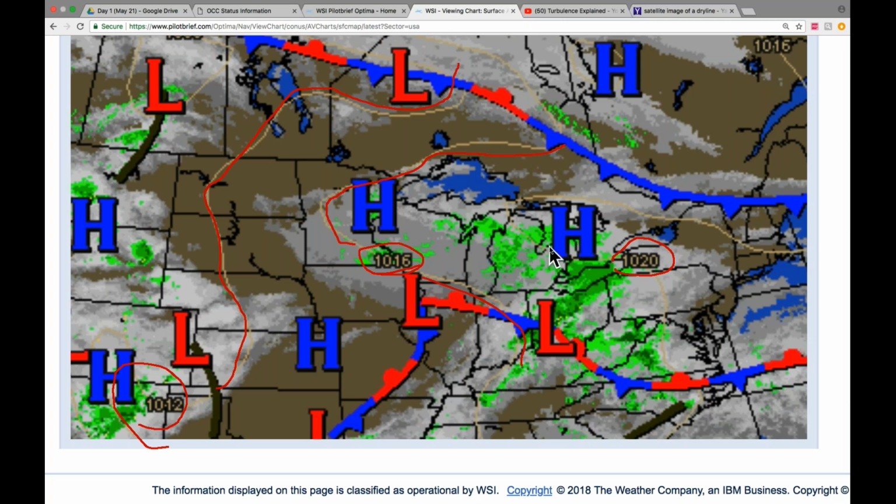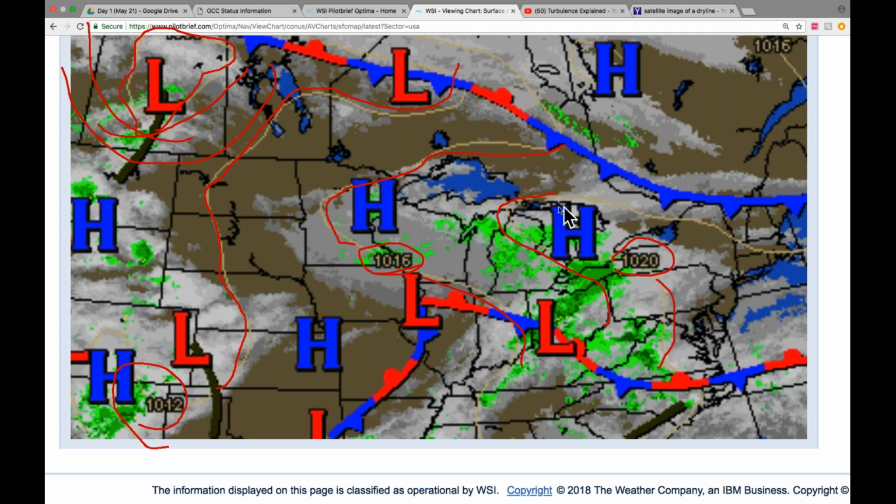So remember, around a low pressure, the gradients are going to typically be a lot closer together than a higher pressure. Higher pressure, it's a much more smooth transition from isobar to isobar, and we see very little pressure change across the isobars.